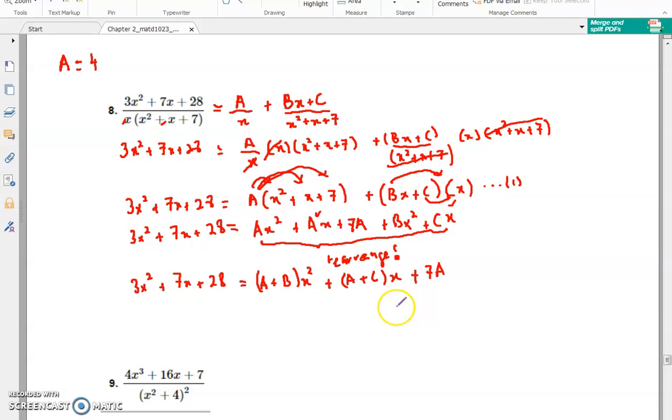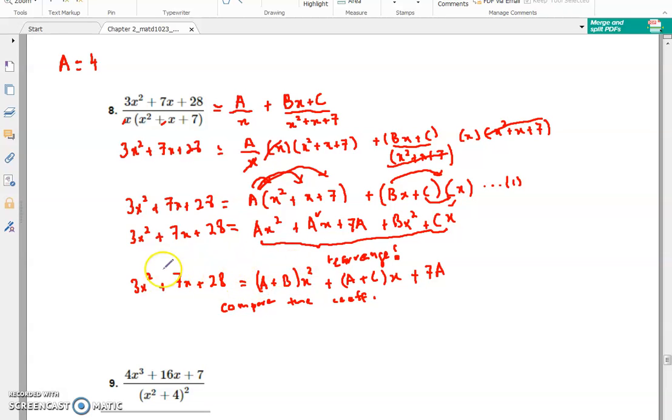Then we can do the comparing coefficient method. So we are going to compare the coefficient. In order for us to do the comparing, basically we need to have two sides. So this is your first side, which is left hand side, and this is your right hand side.